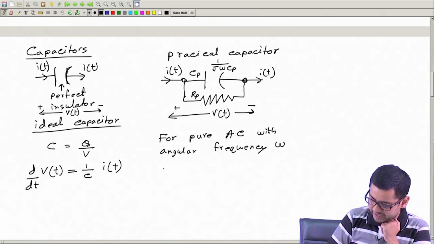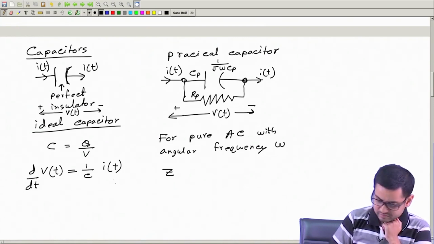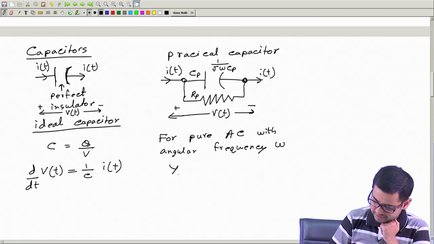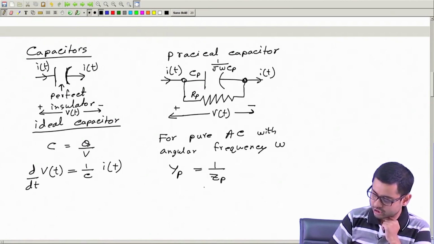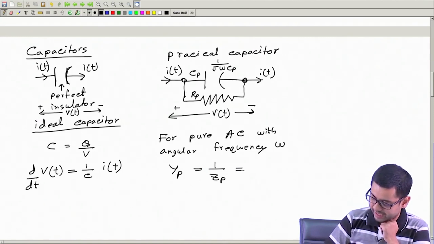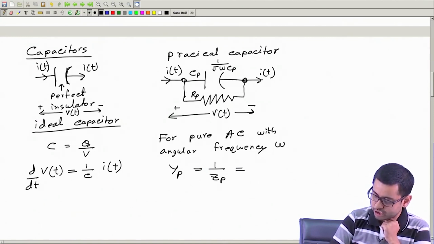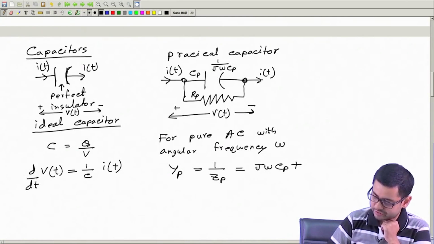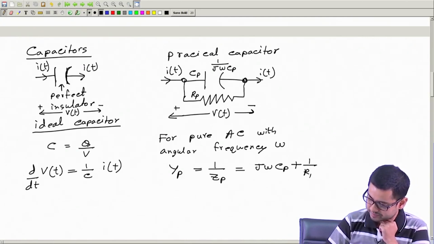So, instead let us write Yp, which is the admittance, which is 1 over Zp, because in this case it is easier to think in terms of Yp. So, we can write the admittance of this, which will be j omega Cp, plus the admittance of this, which is 1 by Rp.